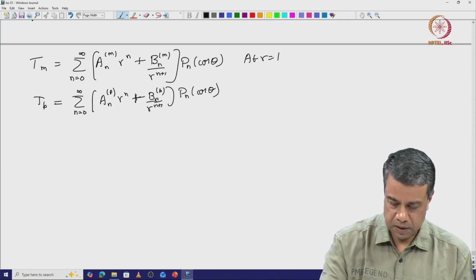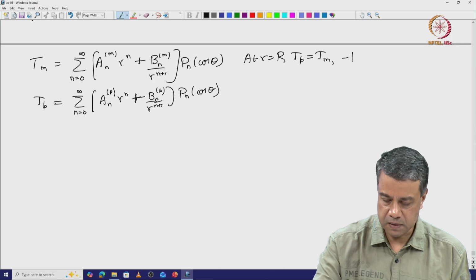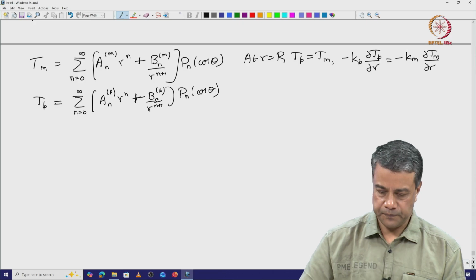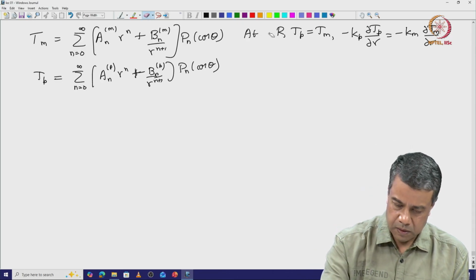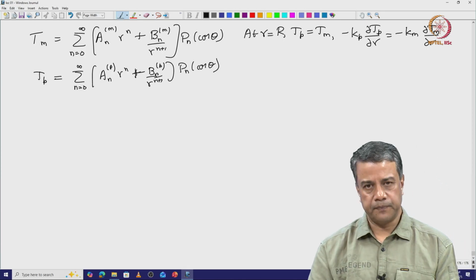Boundary conditions at r is equal to R, T particle is equal to T matrix, and the flux condition was minus K particle partial T by partial r is equal to minus K matrix partial T matrix by partial r. Okay.